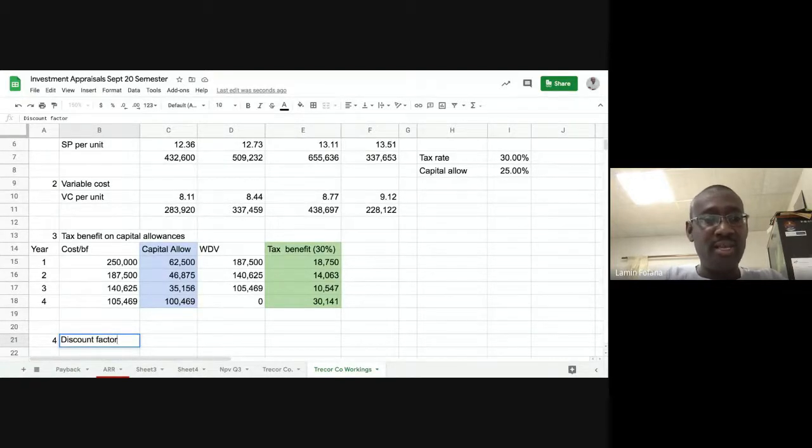Our discount factor calculation using the Fisher effect.